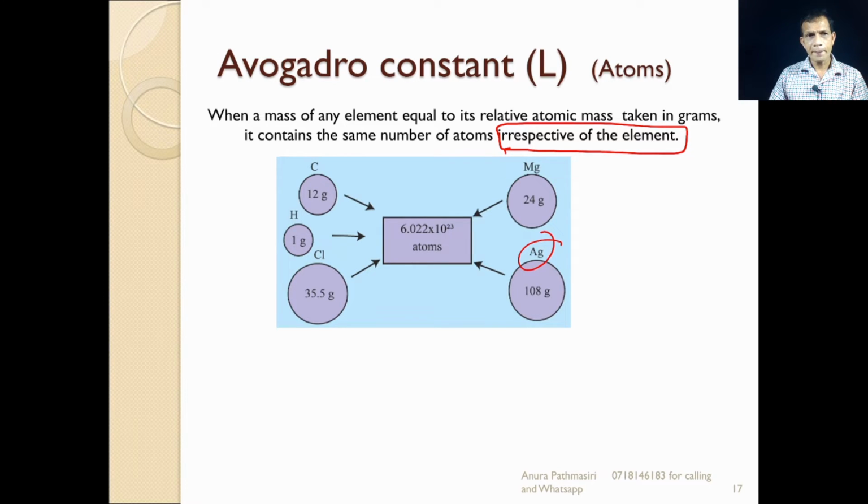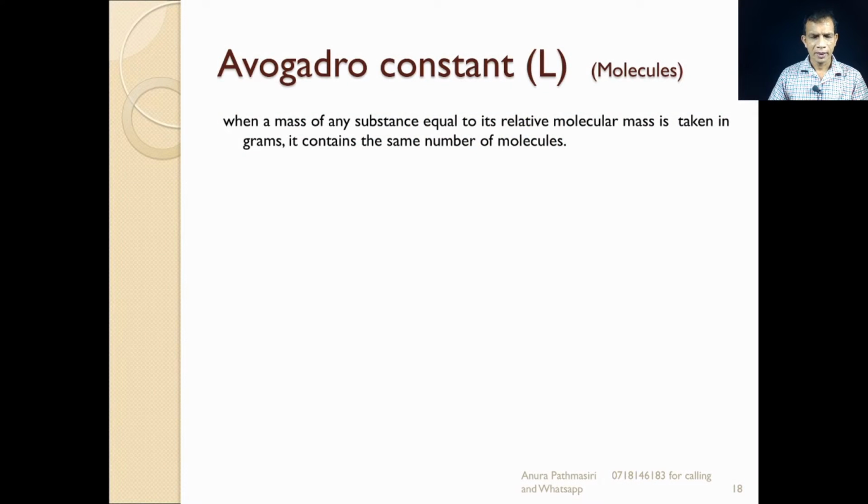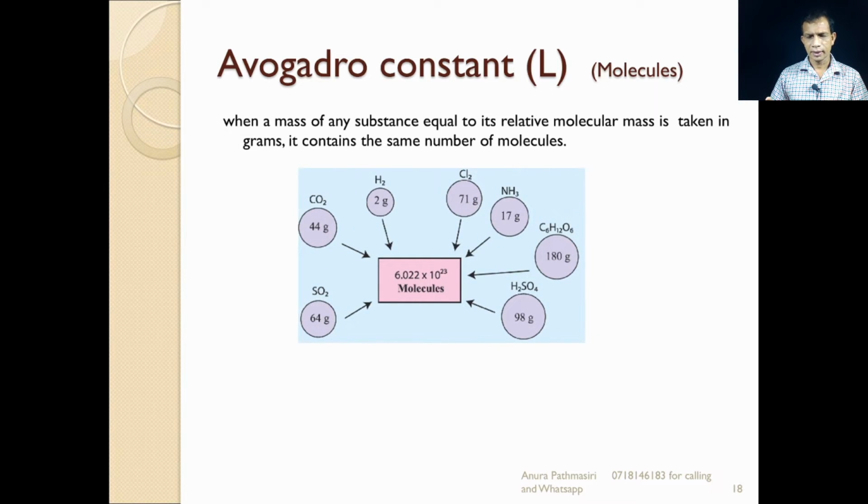Not only atoms, it is common for molecules too. Let's have a look. When a mass of any substance equal to its relative molecular mass is taken in grams, it contains the same number of molecules that 12 gram of carbon contains.